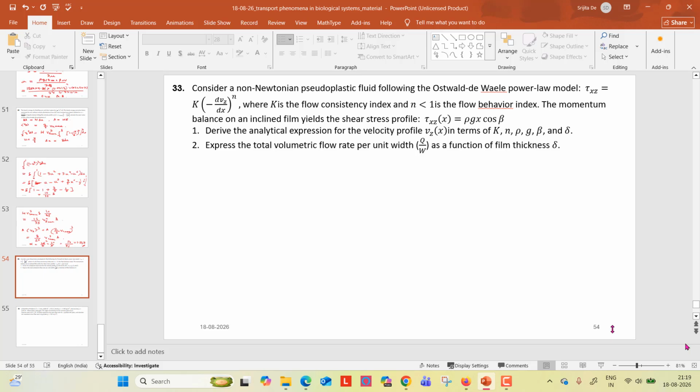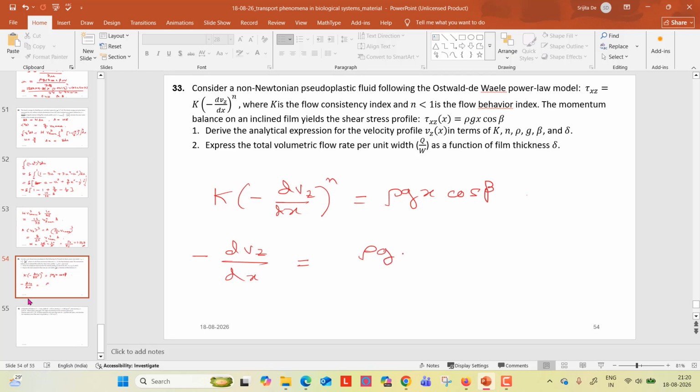So tau xz is this. So the expression we have to write is K into minus dVz/dx to the power n equals rho g x cos beta. Okay, so minus dVz/dx is rho g cos beta by K whole to the power 1 by n into x to the power 1 by n, right?